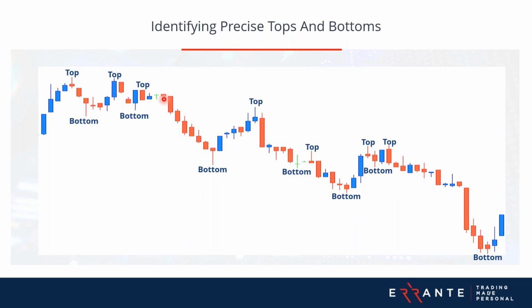So you see, we have market tops and bottoms during zigzag patterns, but we see the overall direction of the market is down. So it means we have constantly lower tops. Each top comes lower than the previous one, and each bottom comes lower than the previous bottom.